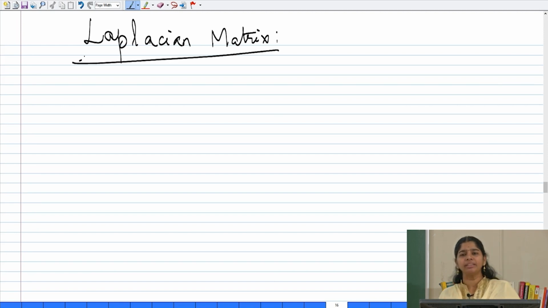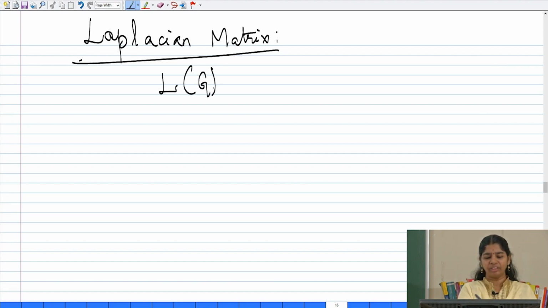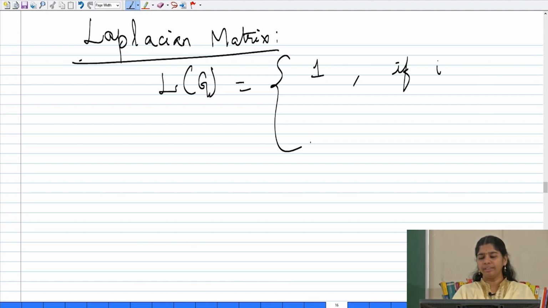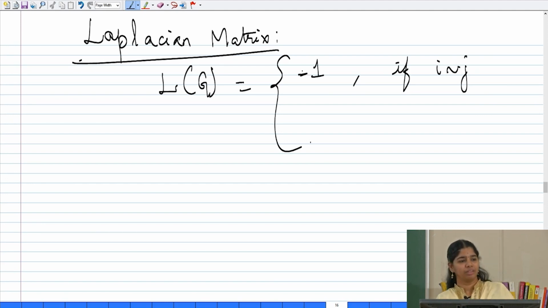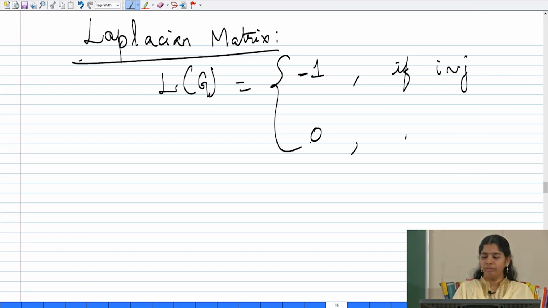So, Laplacian matrix is defined as, say suppose I have the graph G, L of G is nothing but minus 1 if i is adjacent to j, okay, and 0 if i is not adjacent to j, and of course i not equal to j.